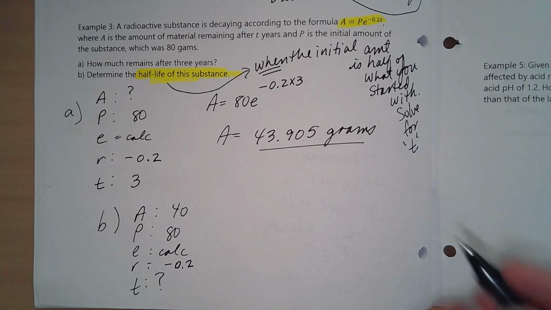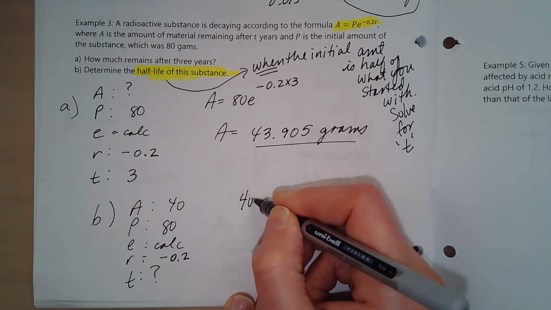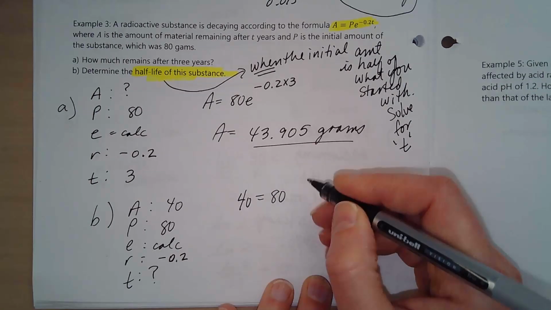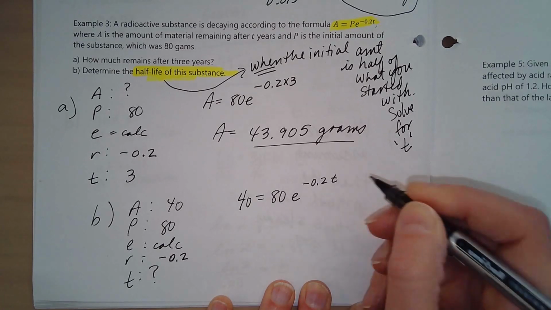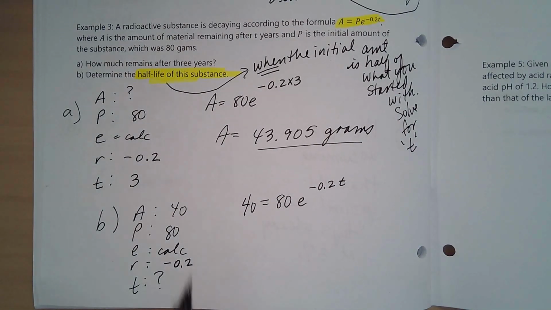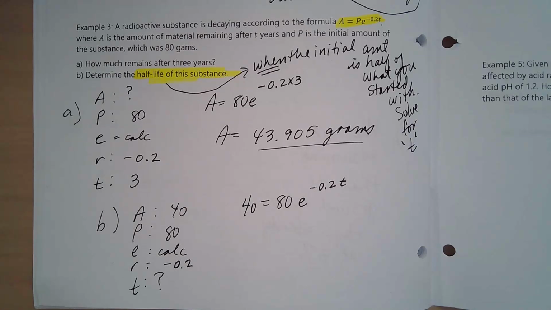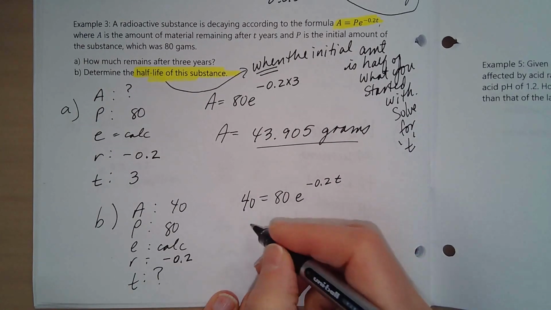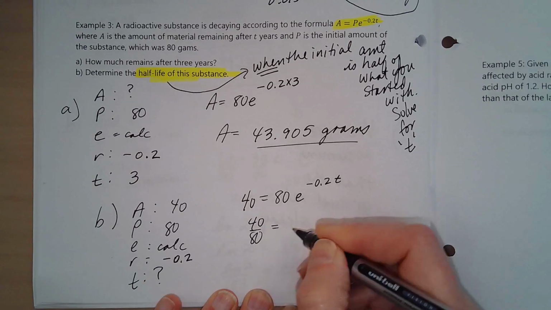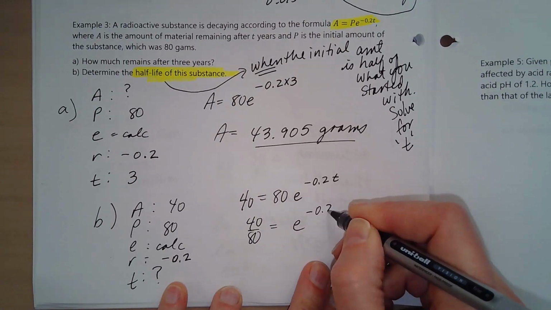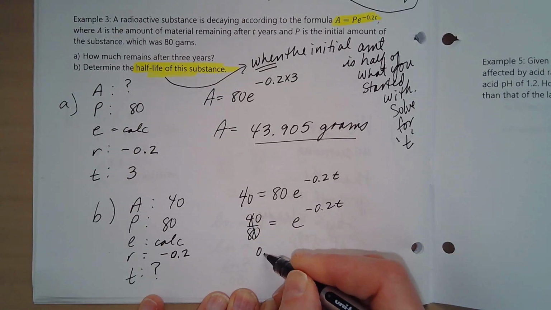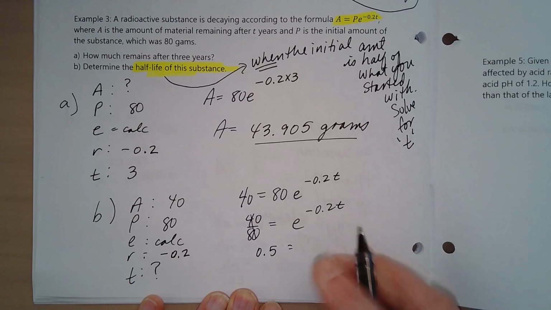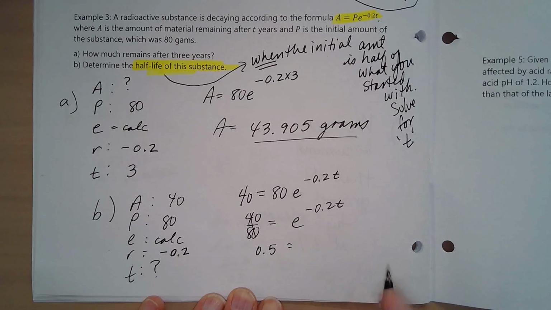You know what we're going to end up with here? No, not 1. Half. Double means 2, half-life means half. So you'll get 40 over 80, which always simplifies to a half. I'd probably record it as 0.5, because you're using a calculator, and 0.5 is a more calculator-friendly number.